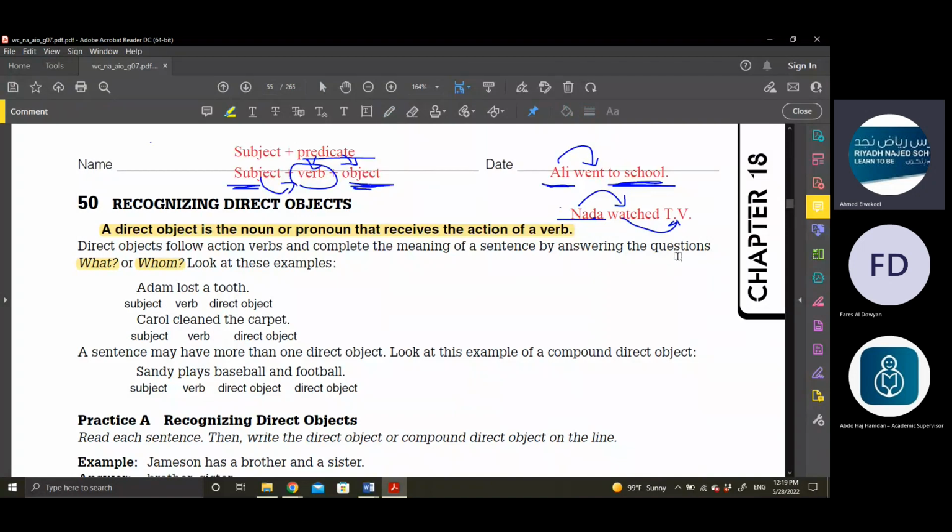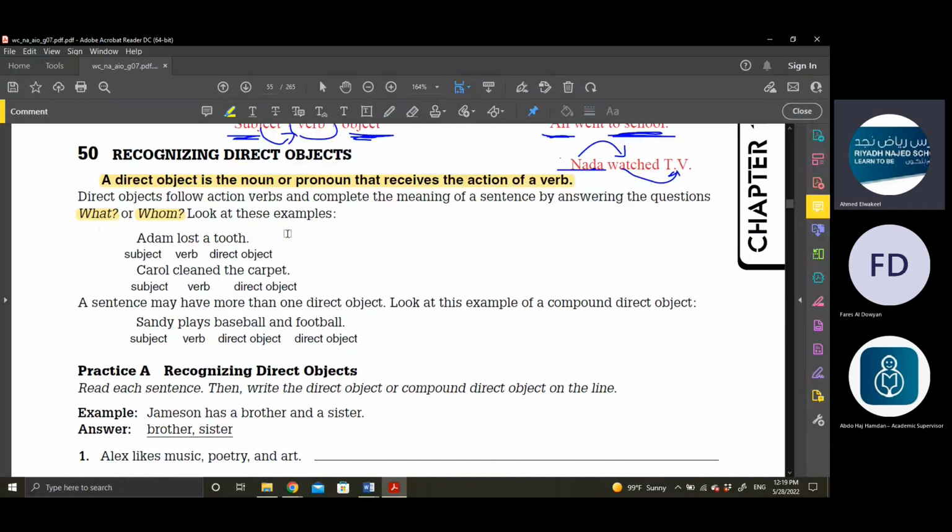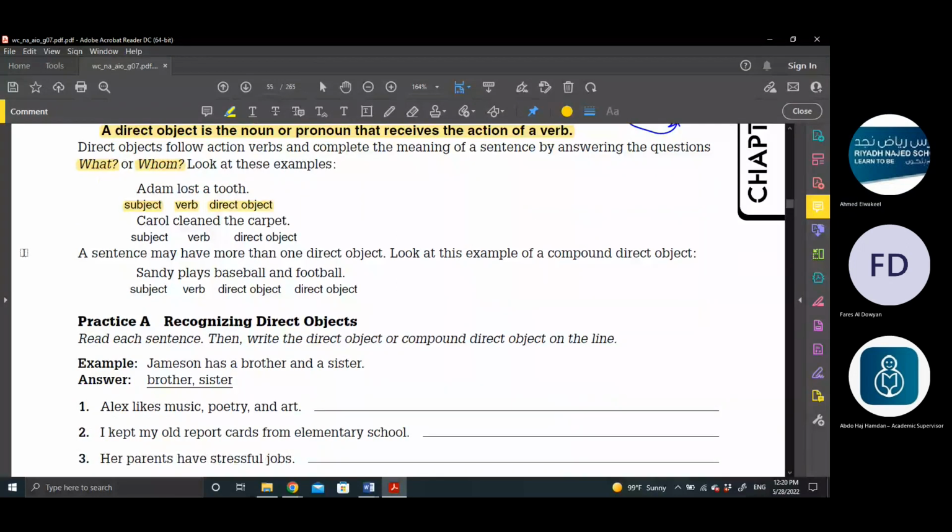I played with Faris. So, with whom did you play? With Faris. Another example: Adam lost a tooth. So Adam is the subject, lost is the action verb, and a tooth is the direct object, because we can say, what did Adam lose?